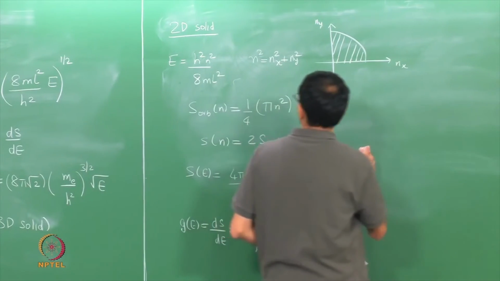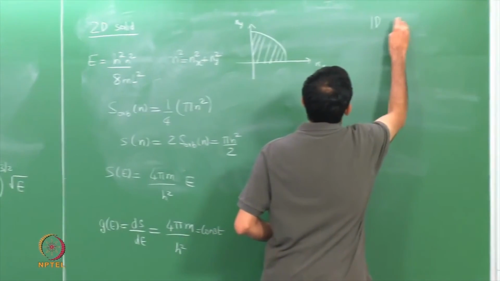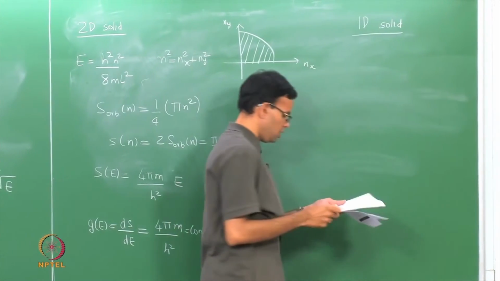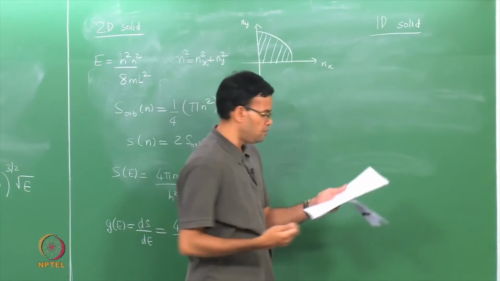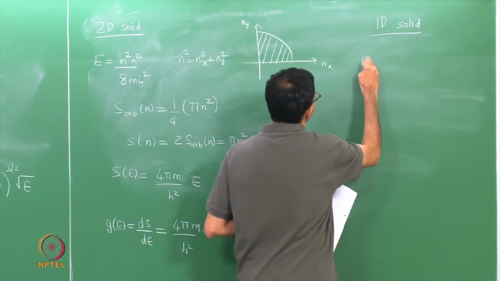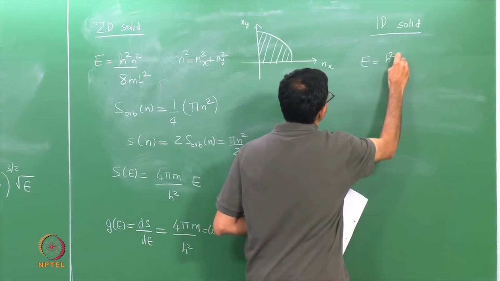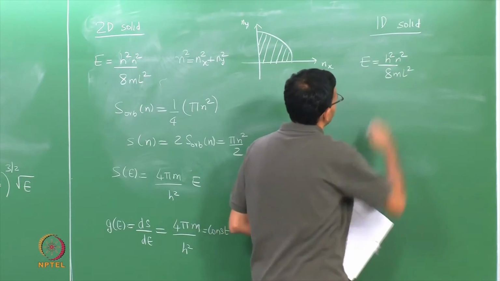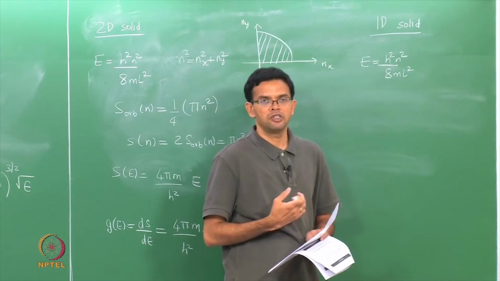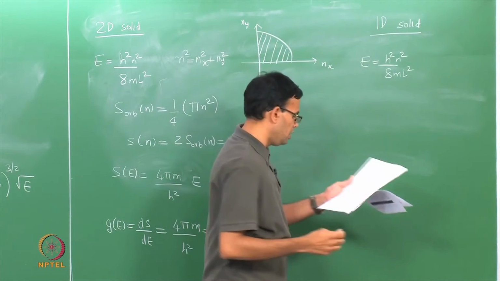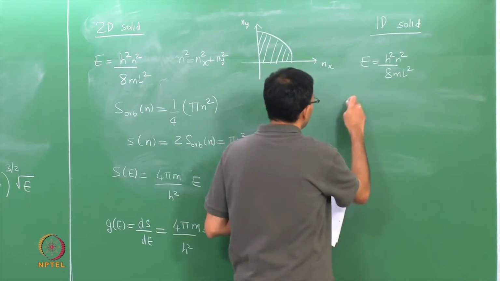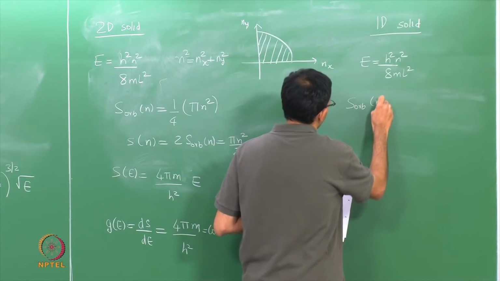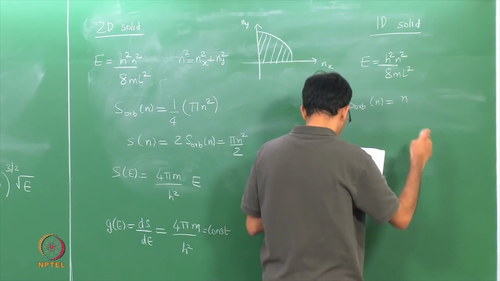For a 1D solid we can once again write a similar expression, but there is only one n. So, it is only nx. In that particular case, s of n is nothing but n.